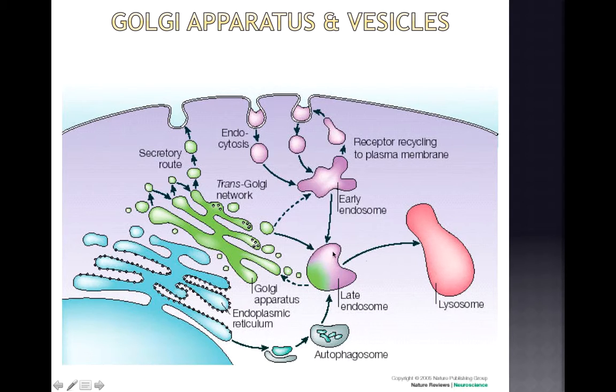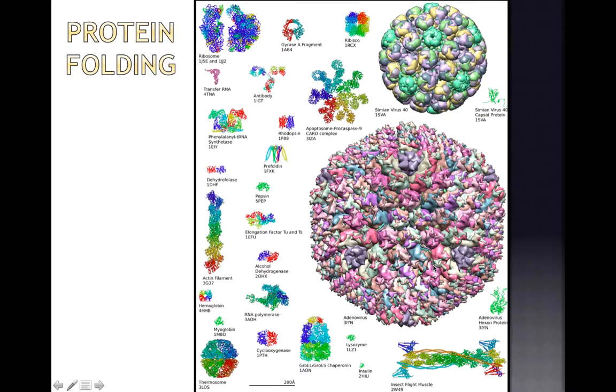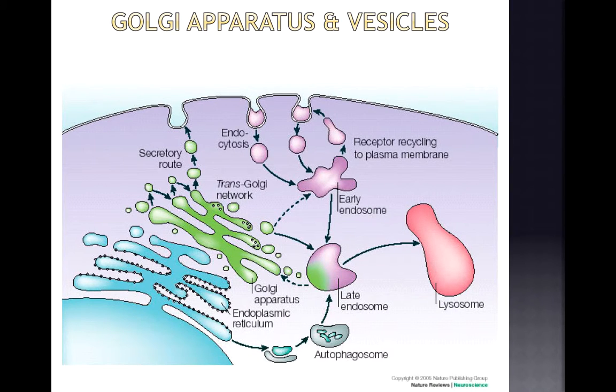Lysosomes are like vesicles, they are membrane-bound organelles, but the difference is that they have a very acidic environment, and they have enzymes that are proteins also that accelerate chemical reactions, and these enzymes break down whatever is inside the lysosome.